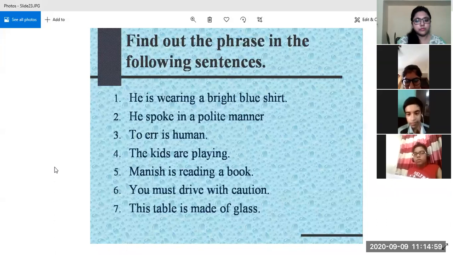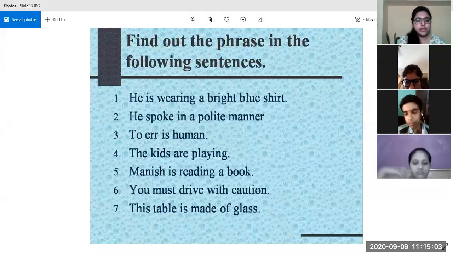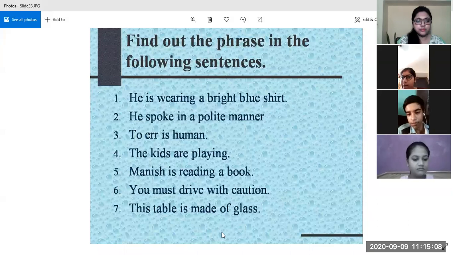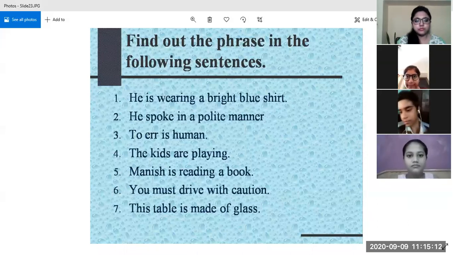Drive with caution. With caution. Okay, all right. Next, this table is made of glass. Yes, Inshra. Made of glass. Very good.